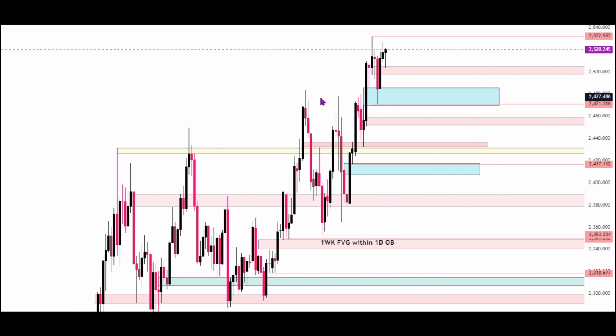So this is the whole area representing the fair value gap. This is the third candle confirming the zone. Let's say price hasn't retested the zone, it was just this bullish move. Then we want to see, when price gets back to the zone, how do we trade, or how do we react?